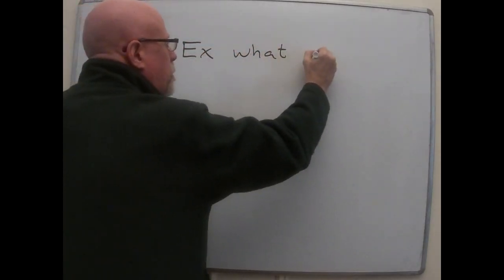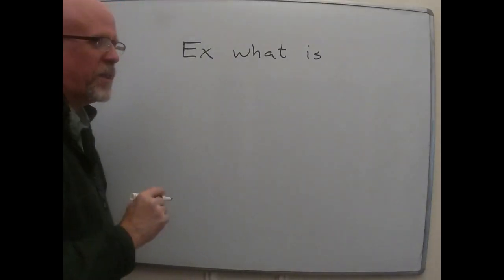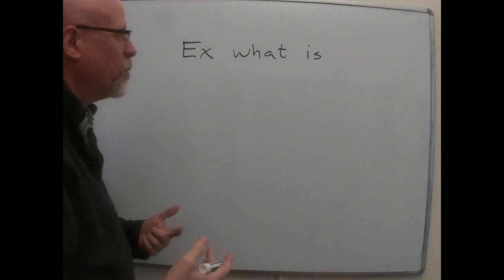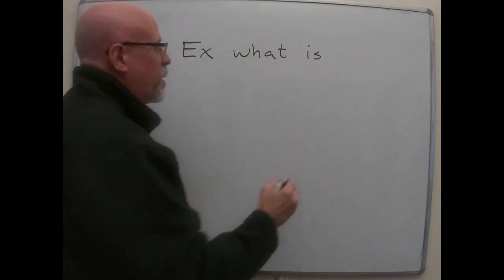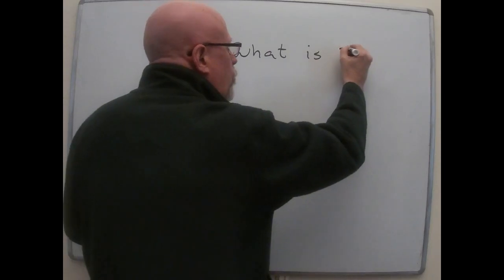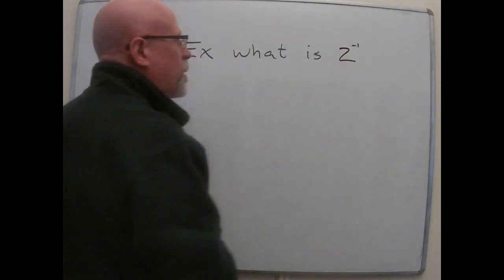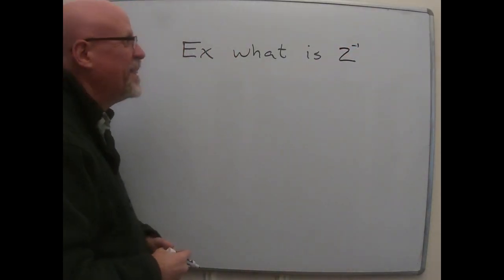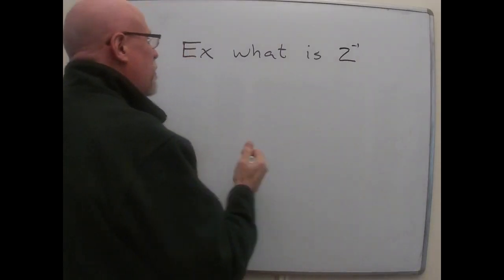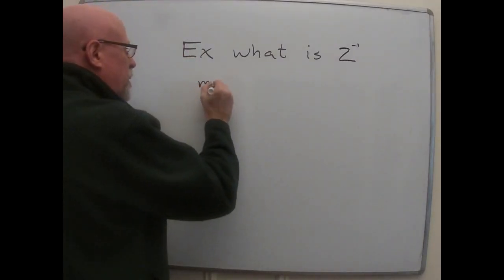I should say it a little cleaner, because saying 1/2 is technically not right, so how about 2 to the minus 1 power? What is 2's inverse? 2 to the minus 1 mod 7.